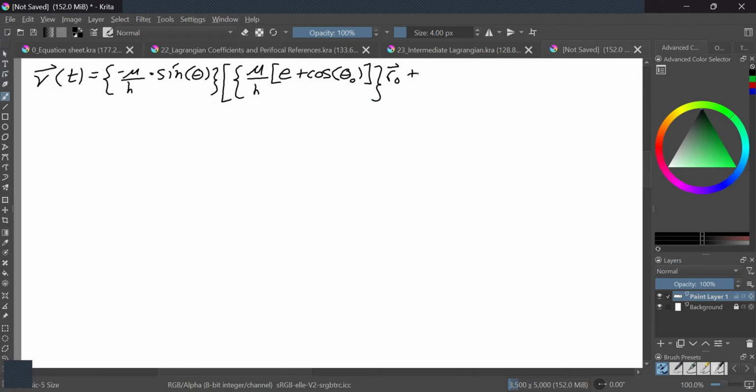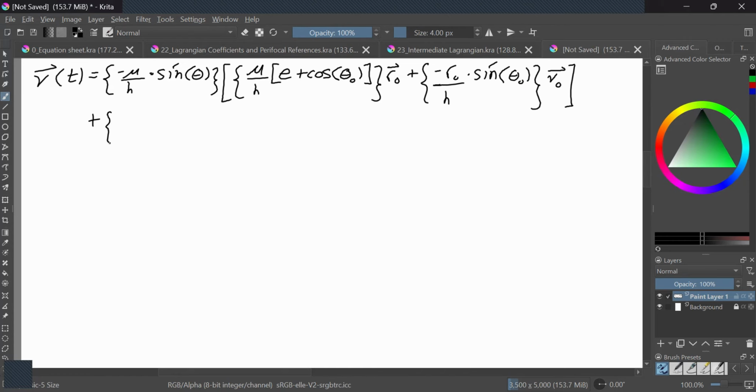We'll then add minus R naught by H times the sine of theta naught scaled by V naught.